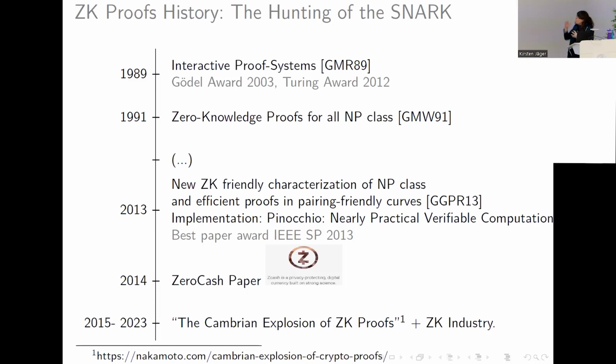Okay, now what's been happening since 2013 and so on is that people started finding ways to really prove very, very large computations with a SNARK. So it started with some breakthrough results around 2013, inspired by some previous work by Groth.